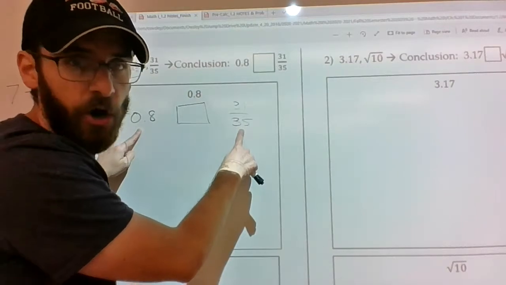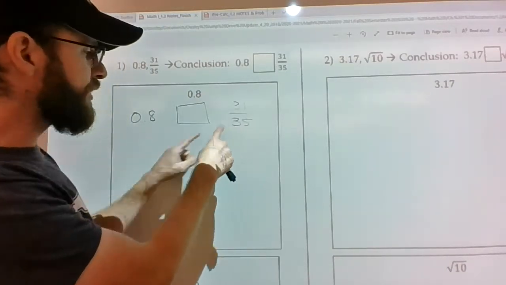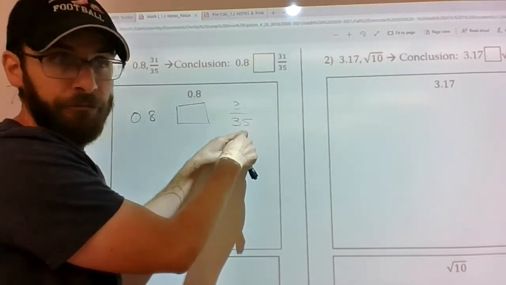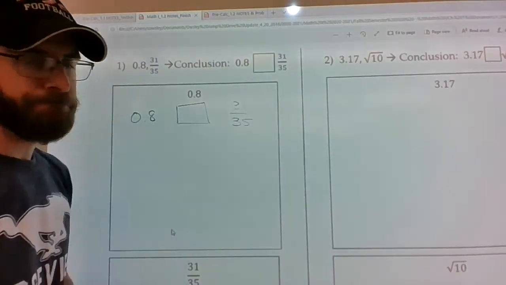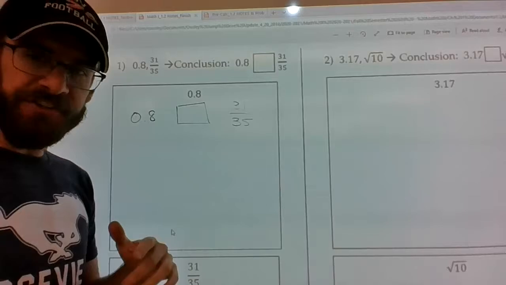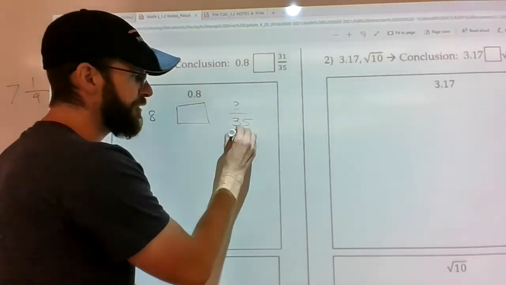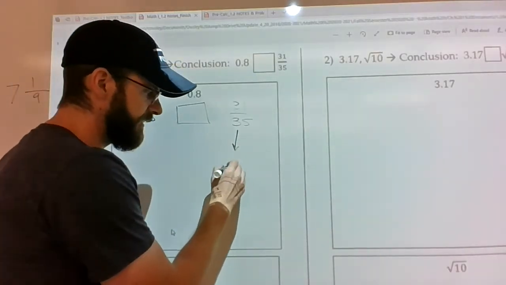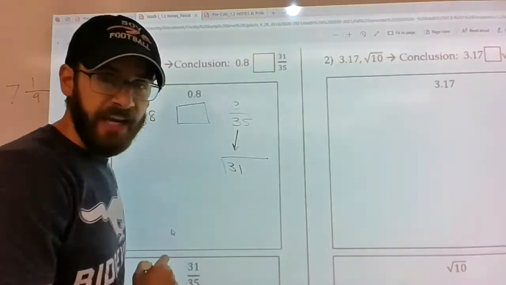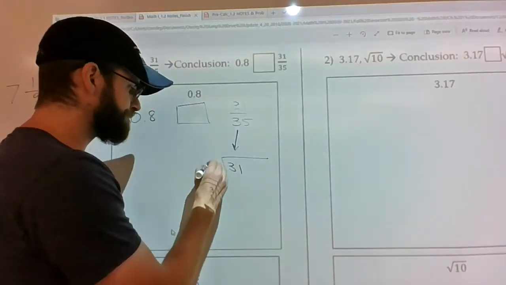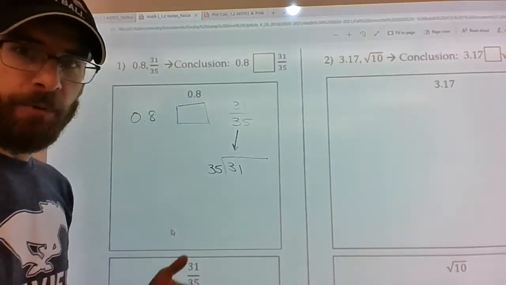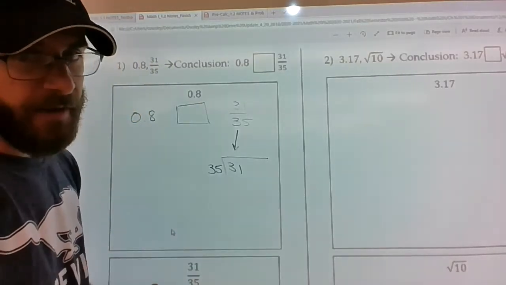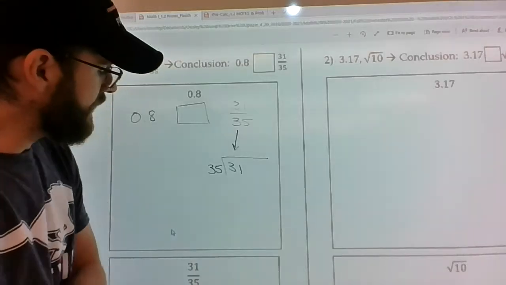These two need to also be in the same language. So I can either convert the fraction to a decimal or convert the decimal to a fraction. In this case, I'm just going to choose to turn 31 over 35 into a decimal that I can compare to 0.8, because it's probably either going to be 0.7 something, 0.8 something, maybe 0.9 something.